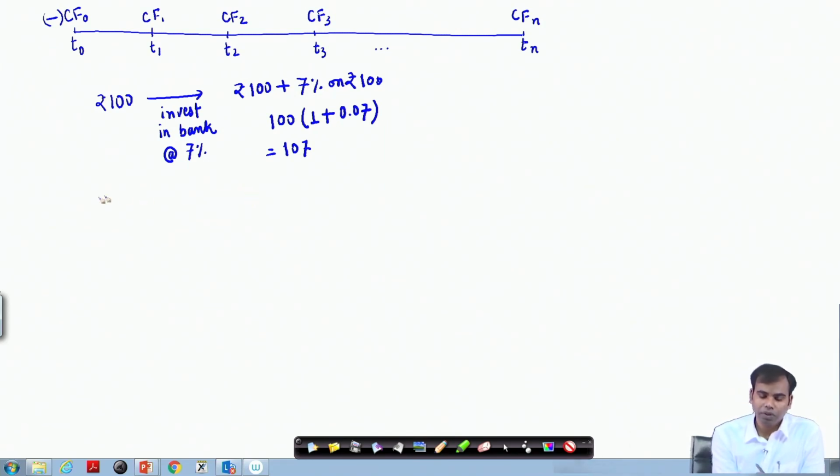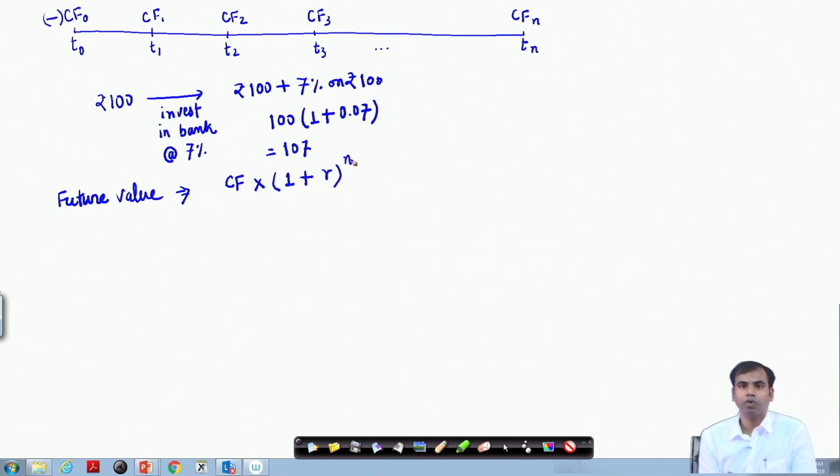So, if it is future value, that is defined as cash flow into (1 plus r), where r is the rate of interest, raised to the power of time, which is the period you have invested the money for.